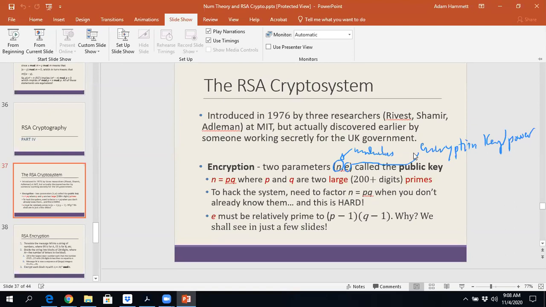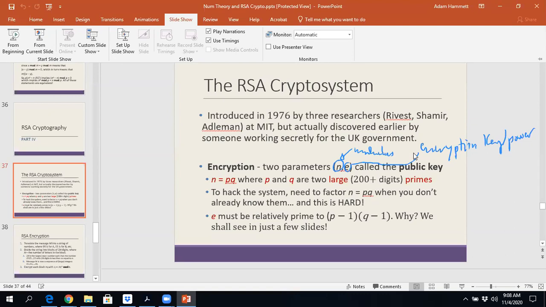Now, what property does E have? Well, it has to be relatively prime to P minus 1 times Q minus 1. It might not be clear why that happens to be the case yet, but in essence, it being relatively prime to that product means that we can find an inverse for it. Yes, that was key.